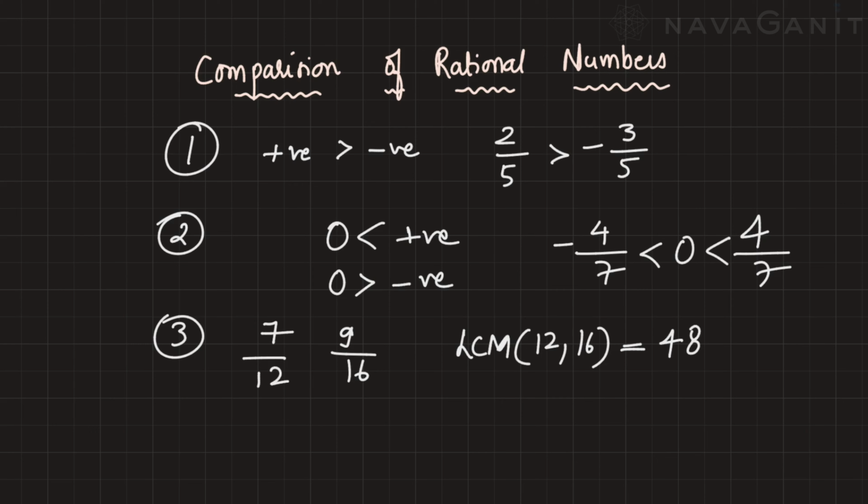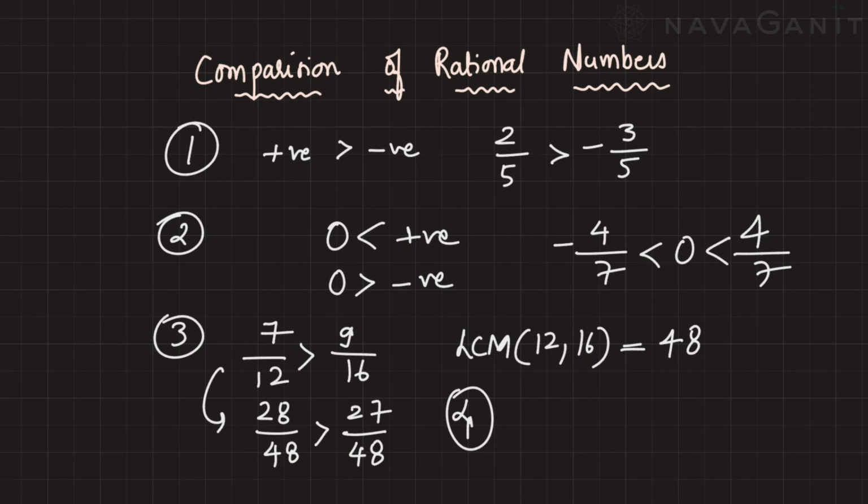And now we rewrite these fractions so that the denominator is 48. So 7 by 12 can be written as 28 by 48 and 9 by 16 can be written as 27 by 48. Now clearly I know that 28 by 48 is greater than 27 by 48. So 7 by 12 will be greater than 9 by 16.